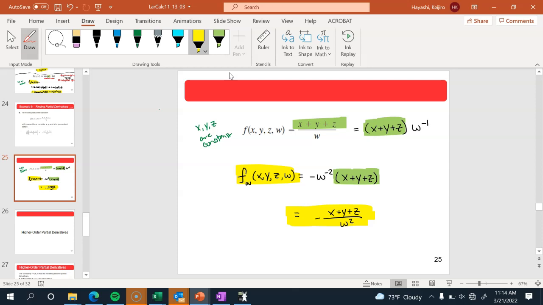What's the point of taking partial derivatives? They let you know the slope in a particular direction. In calculus 1 and 2, when you were talking about functions of a single variable, where y equals f of x, it's easy to get a single value for a derivative.